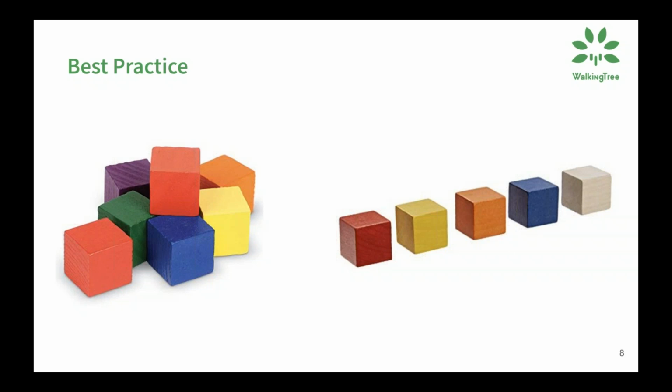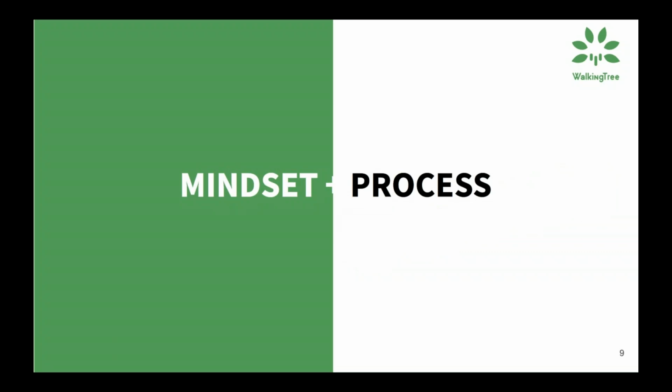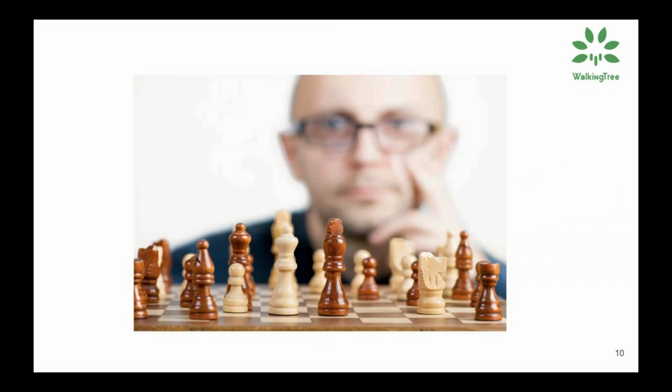Here is an example in this picture. On the left side there are cubes laid randomly, and on the right you see the same cubes laid in a systematic and very organized way. Design thinking tends to encompass two areas: mindset plus process.